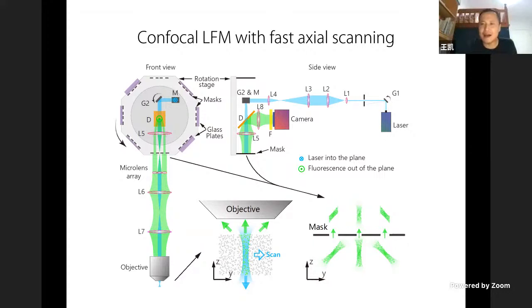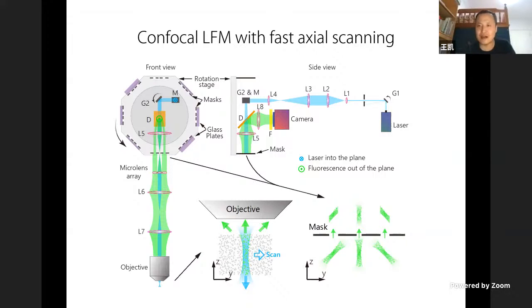As I mentioned, light field is trying to go for very high speed, so compared to other methods, it has relatively low resolution. If you want to have as high resolution as confocal, then you will not have any gain at all. You have to sacrifice the resolution so that you can get the information in an extended axial range. That's a very important aspect.